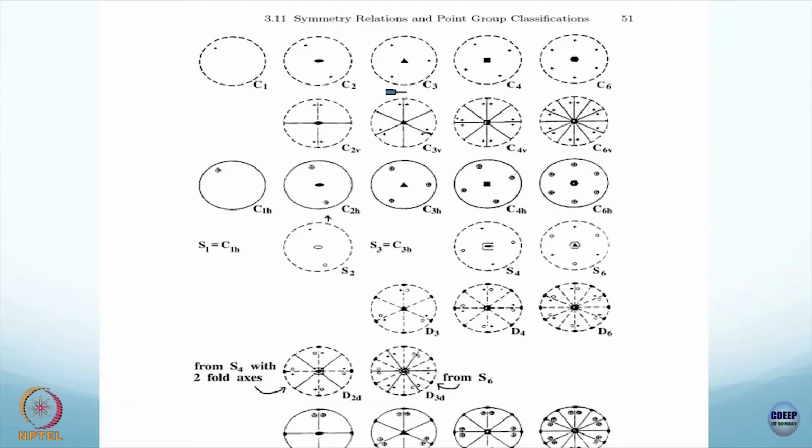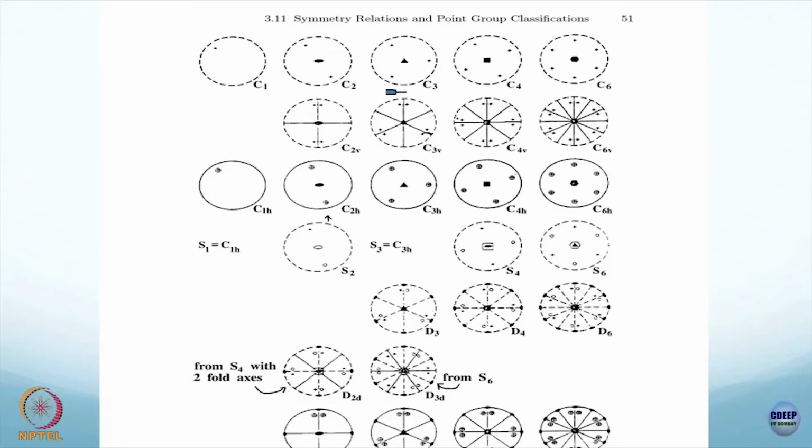Can you do first sigma h and then a C4? If you do a sigma h on this, it will go behind, and then you do a C4, it will be here. So, in fact, this is going to be sigma h C4. So, S4 will also be an abelian group. So, ways of seeing it from the diagram. Is this clear?